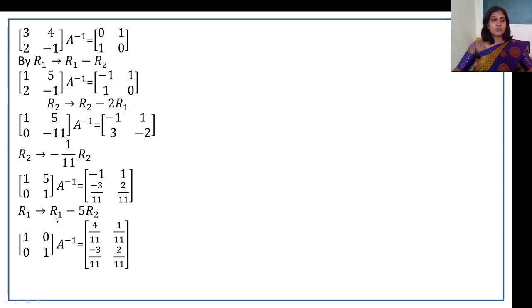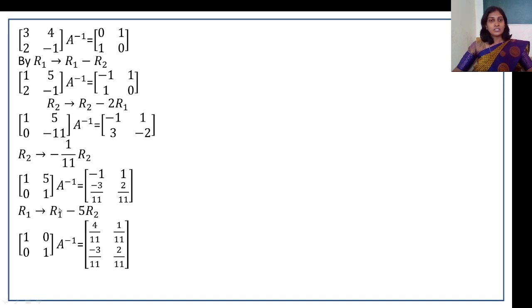Now R1. What is R1? R1 is minus 1 and here minus 5 into minus 3 by 11, so it is 15 by 11. Minus 1 plus 15 by 11, so it is minus 11 plus 15, that is 4 by 11.